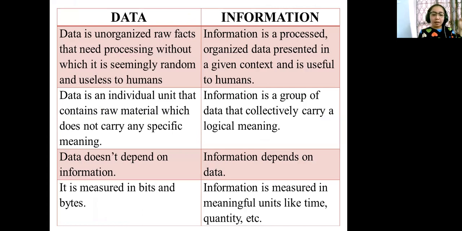So if data is not processed, it is useless to people and cannot be used. While information is processed, organized data, presented in a given context and usually useful to humans, or we can already use it. Next, data is an individual unit, meaning it is one piece of data at a time that we get.